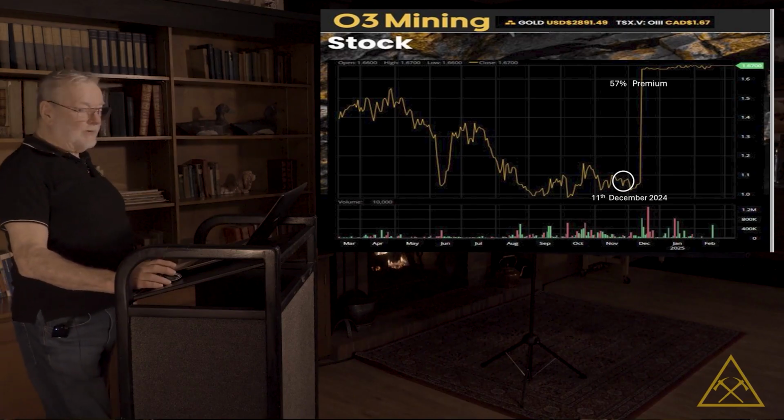So if you were doing a spreadsheet on Q3 Mining, you would have identified that, wow, with the resources they got, they're undervalued. I think I should pick up some shares. So if you did it back in August of 2025 or whatever, anywhere along that period before the deal closed, you made some good money.